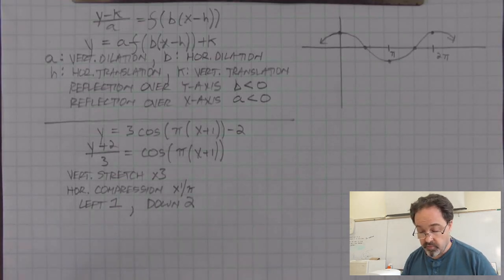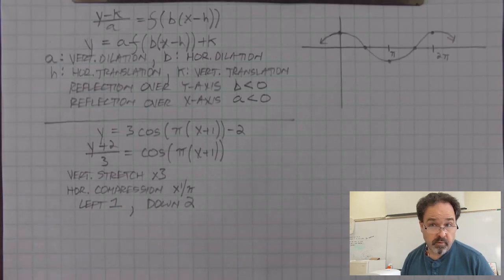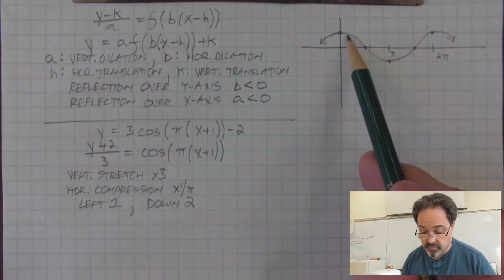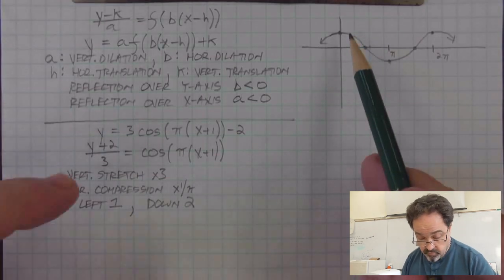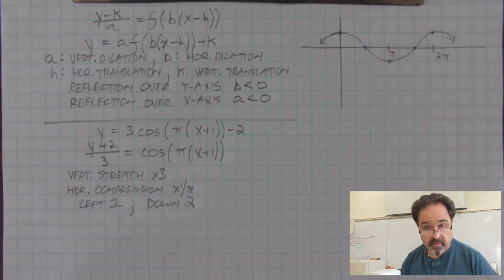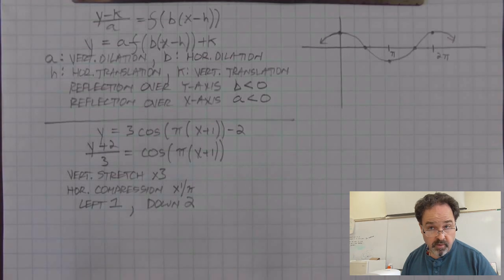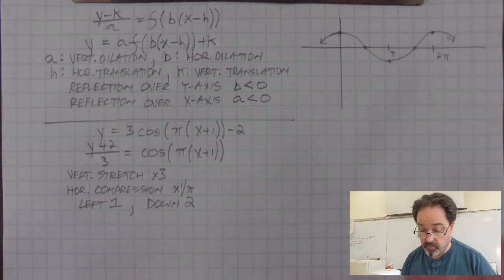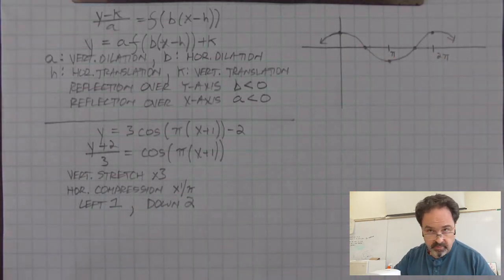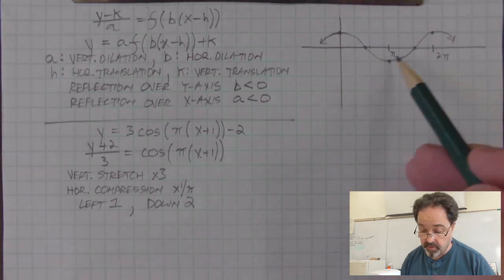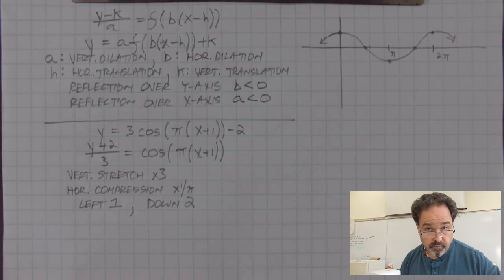So I'm going to use these 5 points, and call it a 5-point method, and transform these points with my description of my transformations to see where those points go. And once I have transformed those 5 points, I can fill in the middle with the sinusoidal curve guided by where those 5 points were transformed.